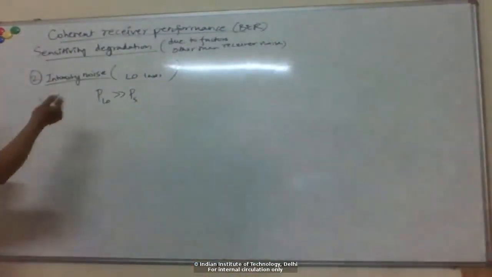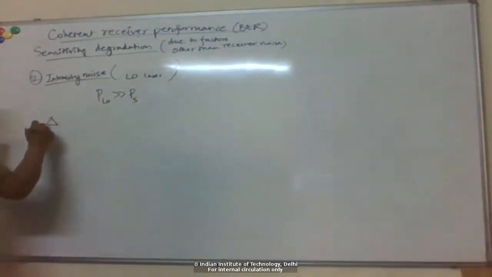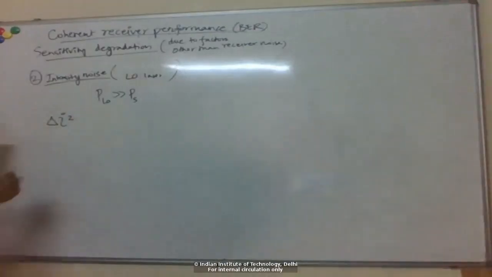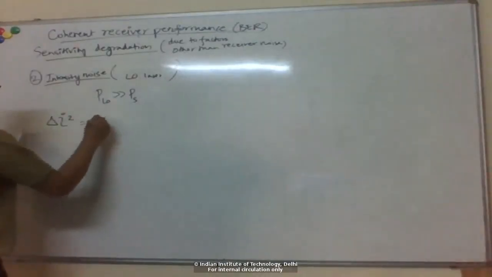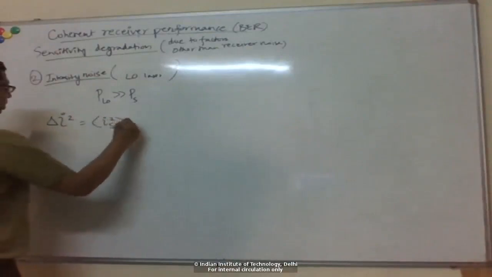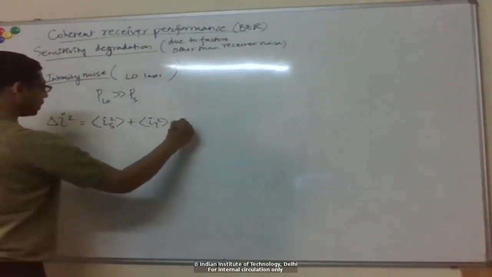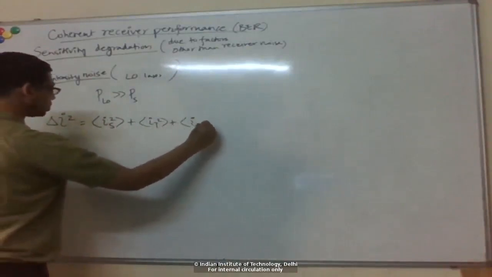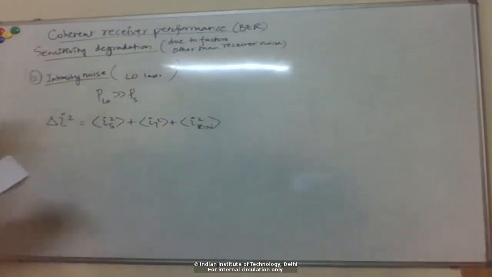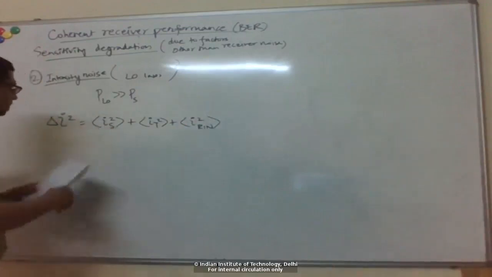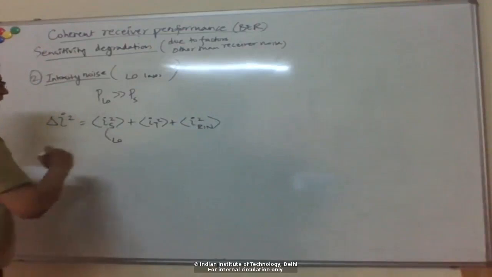Okay, so just like in the IMDD case, basically we can include the RIN noise in my total noise current, right? So I can include shot noise, thermal noise, and then also RIN noise, right? So we saw for coherent detection, shot noise basically mostly comes from the local oscillator.